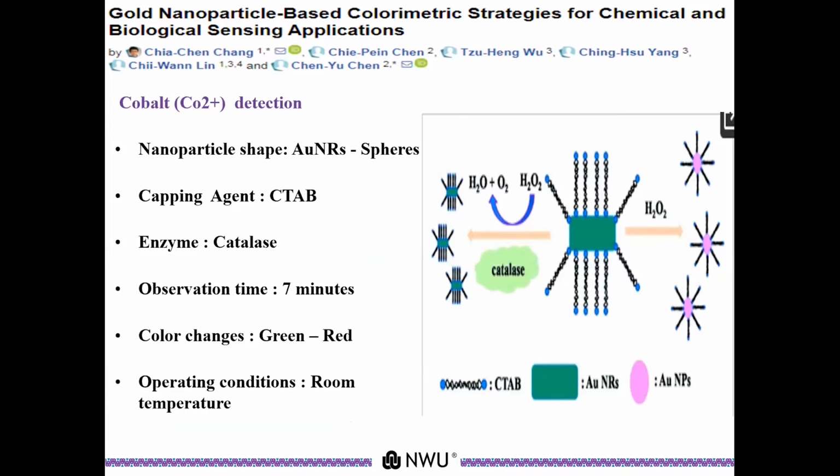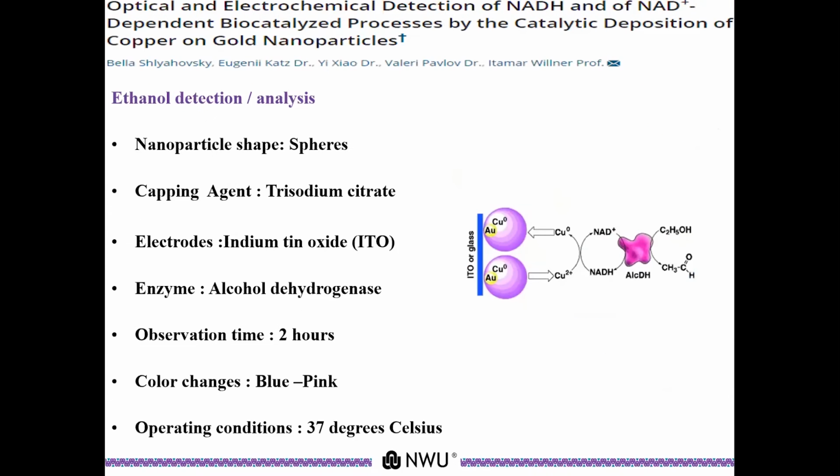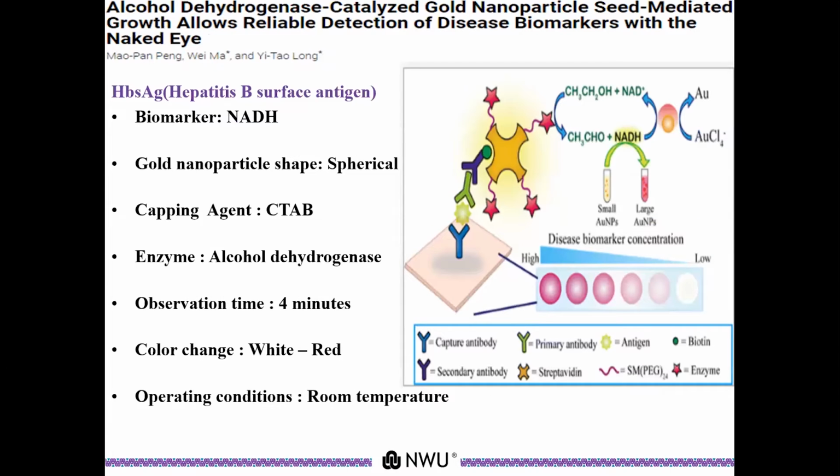In this published article, they used gold nanorods, and they changed from rods to spheres in the presence of CTAB, a capping agent, and the color went from green to red at room temperature. In another, they used NADH as a biomarker, gold nanospheres and the capping agent CTAB, and the observation time was 4 minutes, and the color changed from white to red, also at room temperature.